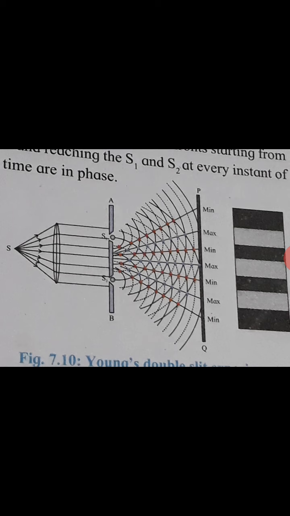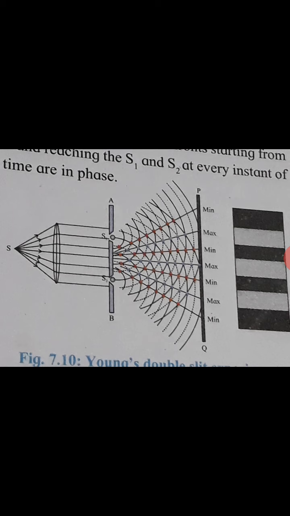So instead of taking two different sources, here the two coherent sources S1 and S2 are obtained from a single source of light S. As the light rays are coming from the same source S, both will have the same frequency and the same phase difference, or they will always be in phase. So we'll get two coherent sources.